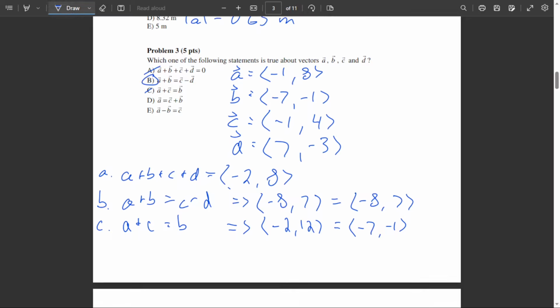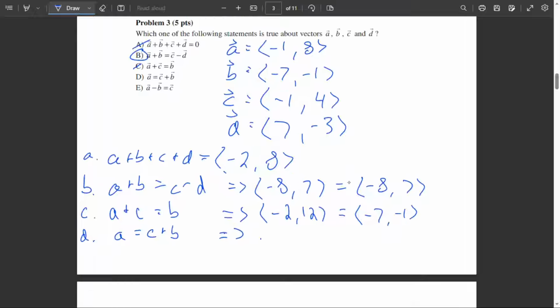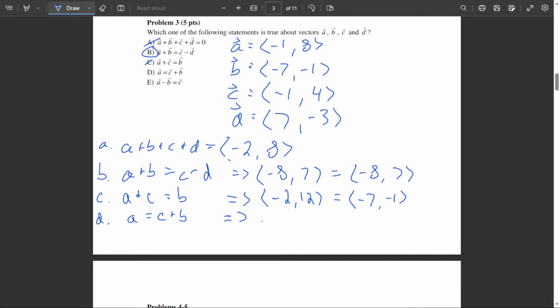And then I guess we'll just calculate the other two for fun. A is equal to C plus B. This gives us -1, 8 is equal to C plus B would be -8, 3.